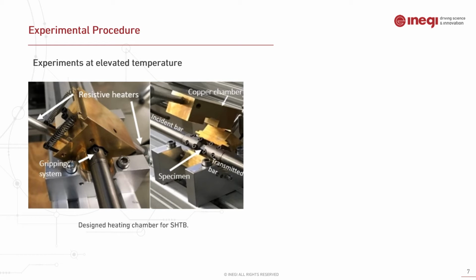The chamber is able to reach the temperature of 250, and the reason for this limit was that above this limit we found that there is a negative effect on the Young modulus of the bars, which actually affects the stress wave propagation and obviously our results. So we weren't able to reach higher temperatures with this chamber.